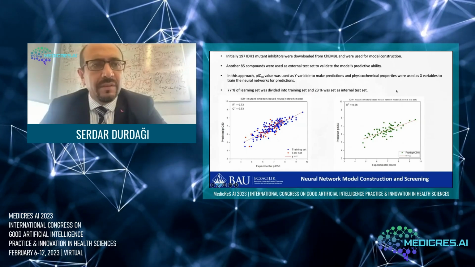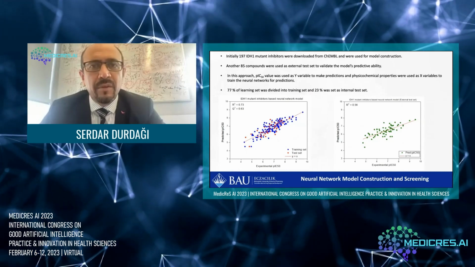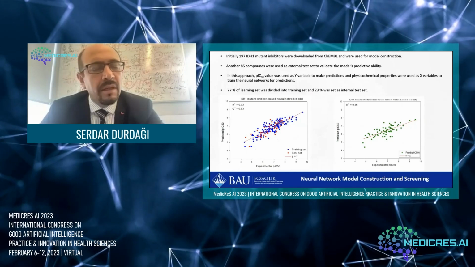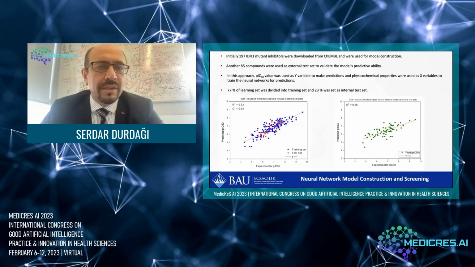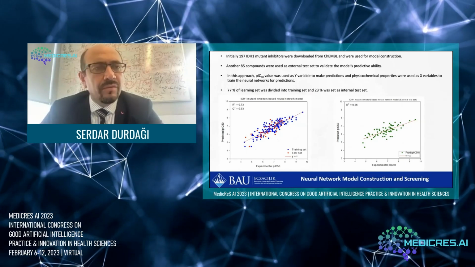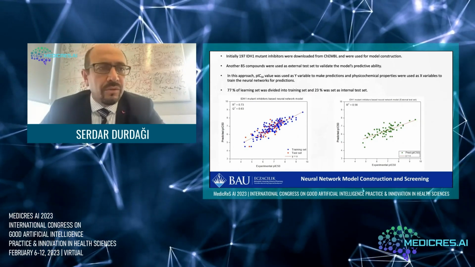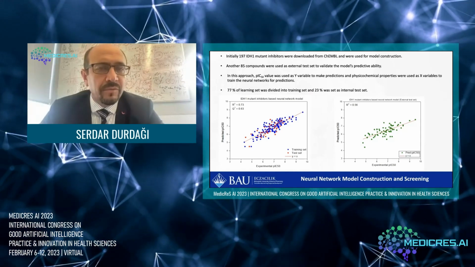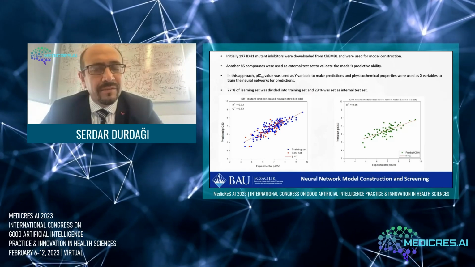Here, initially 197 IDH1 mutant inhibitors were downloaded from ChEMBL and used for model construction. As I said in the beginning, together with the cell line based QSAR models, we also tried to construct QSAR models using the target based approach. For that reason, we used IDH1 mutant inhibitors. 197 IDH1 mutant inhibitors were downloaded from ChEMBL, and another 85 compounds were used as an external test set to validate the model's predictability.